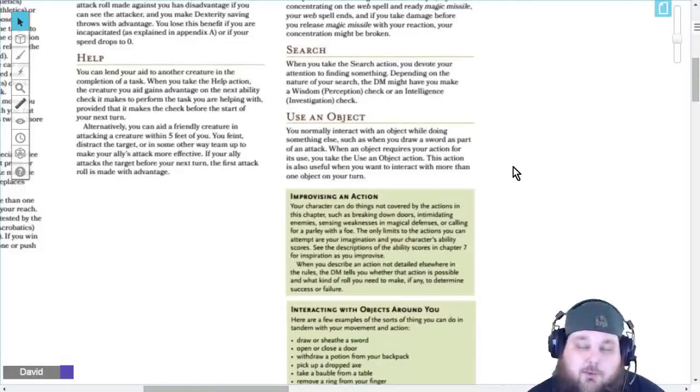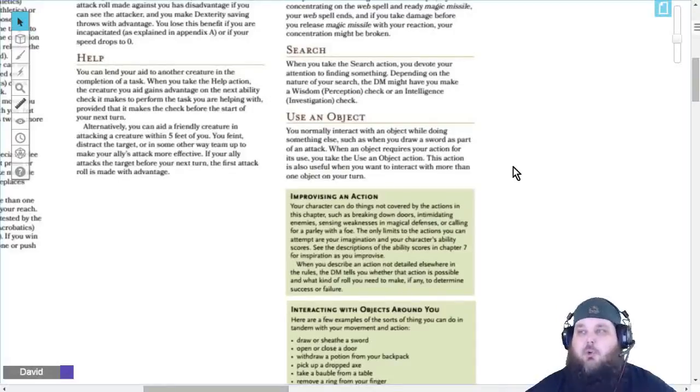A good example for search would be something like this. Say you are in a room, and then all of a sudden a magical barrier basically encompasses the room. Now you can use your search to find maybe a lever or a pressure plate on the floor that will stop this room from filling up with water or sand or whatever.